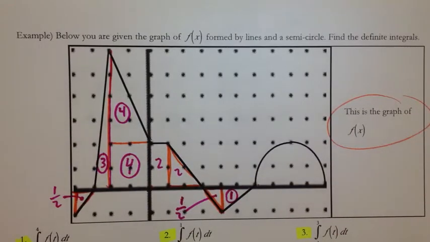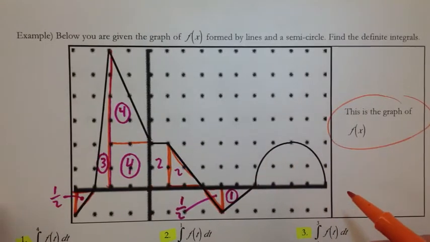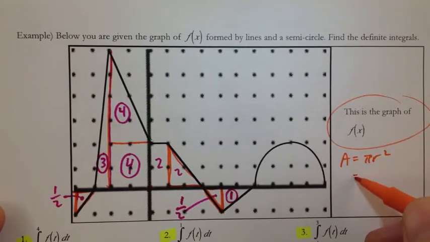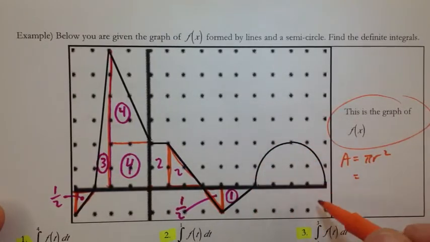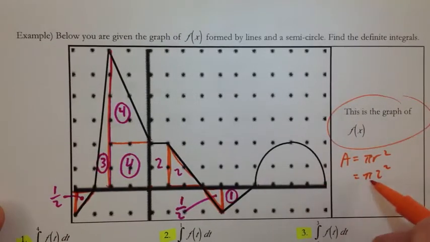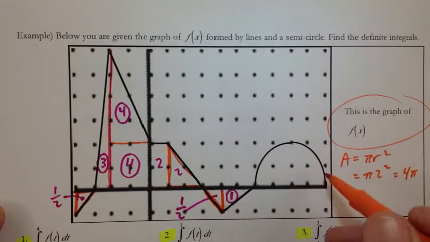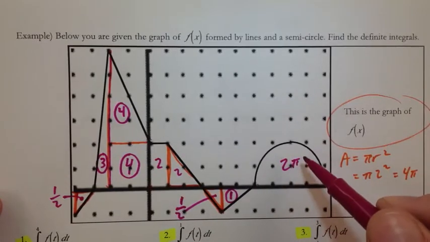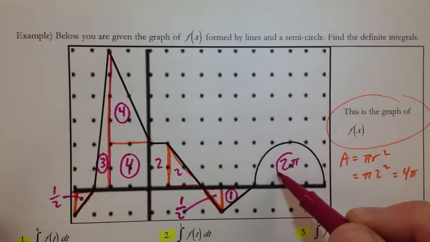Okay, and then we have finally this semicircle. Well, we know that the area of a circle is pi r squared. If this were an entire circle, we can see the radius is 2. And so the area of the circle, if we completed the circle, would be 4 pi, but the area of the semicircle would be half of that, so we get 2 pi.